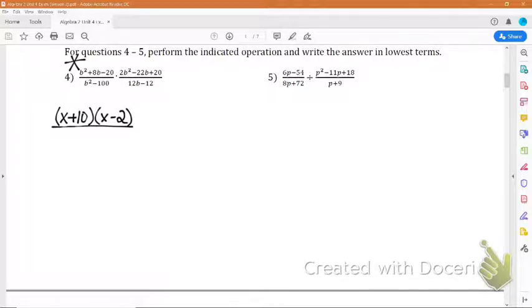For the denominator, I have b squared minus 100. Would it be x minus 10? So it's a difference of squares, perfect square minus perfect square. 2 sets of parentheses, 1 plus sign, 1 minus sign, and then you are indeed square rooting both terms.